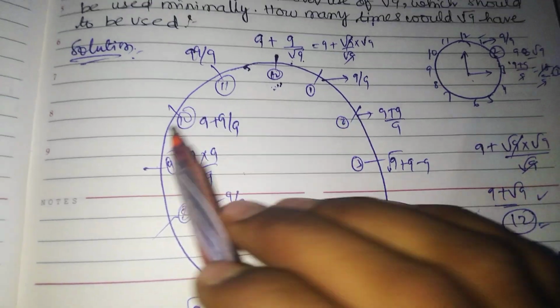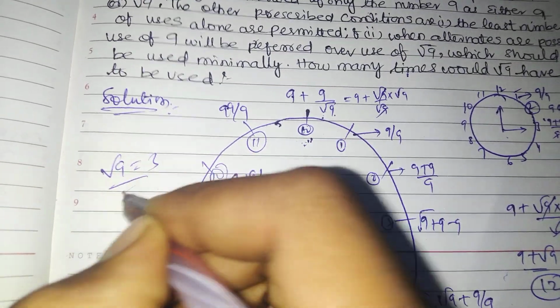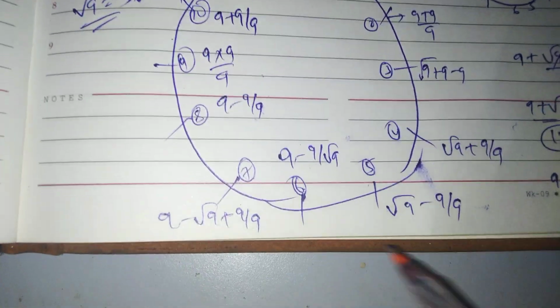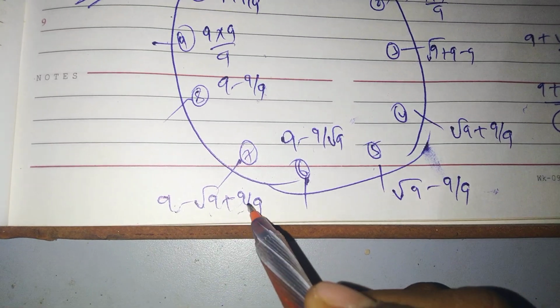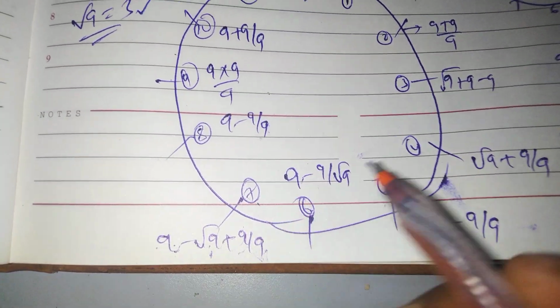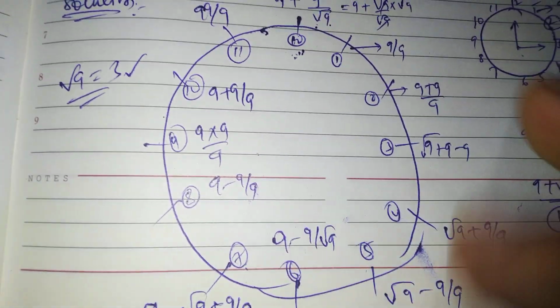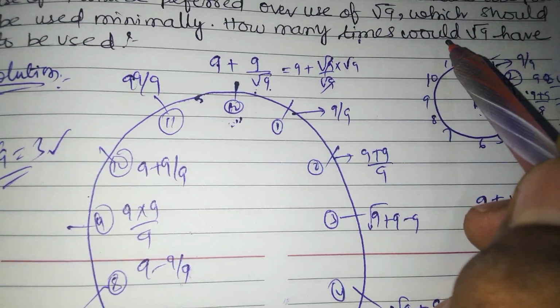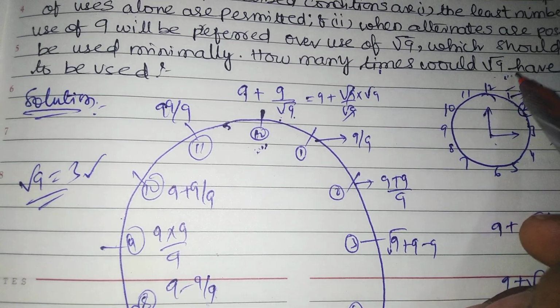You know root 9 is 3, right? You have 9 minus root 9 plus 9 by 9. 9 by 9 is 1, root 9 is 3, 9 minus 3 is 7. You get simply all the same. So what they ask is how many times root 9 we have. So we have to count it.